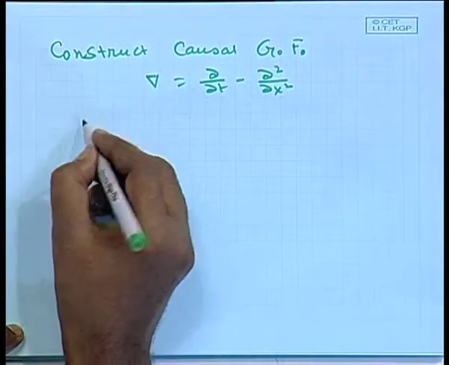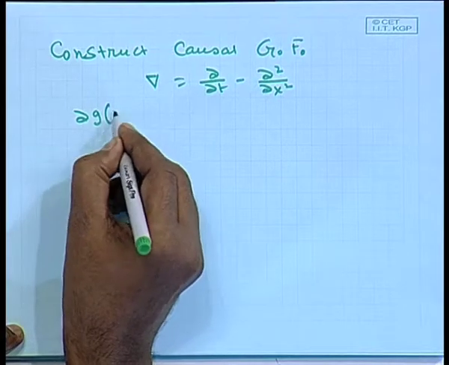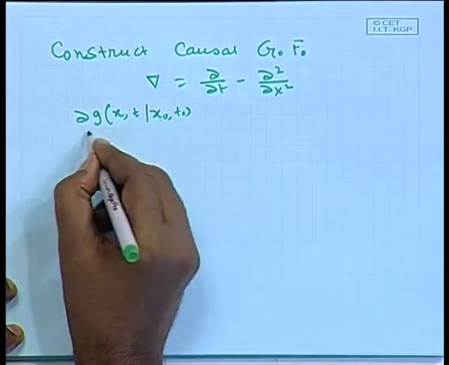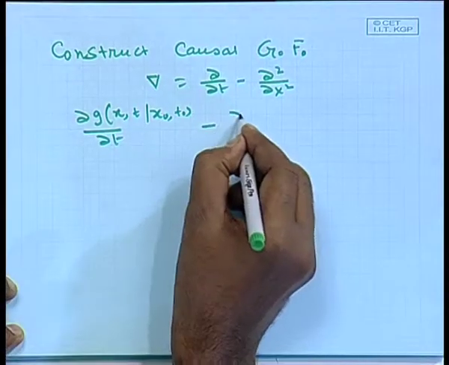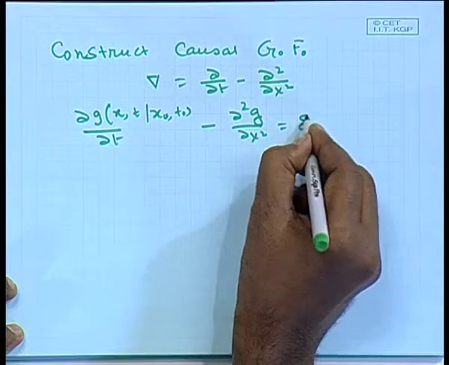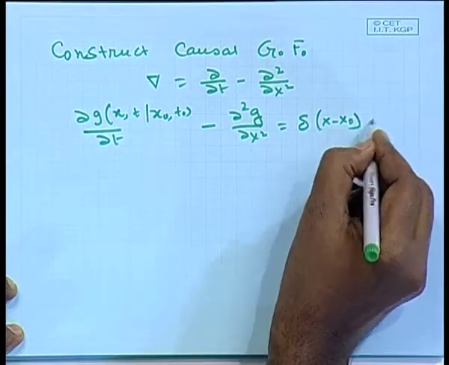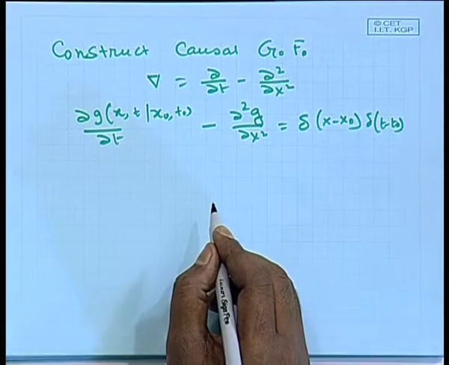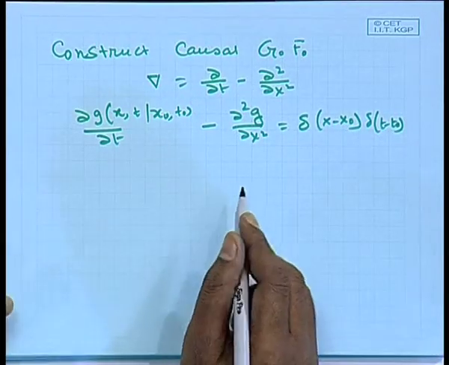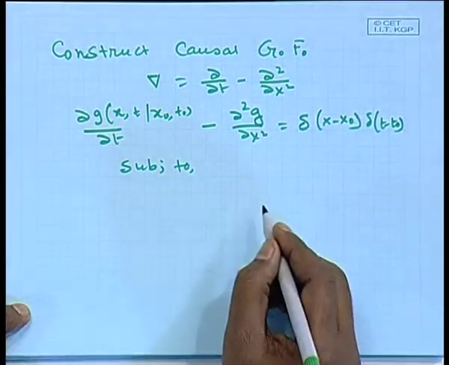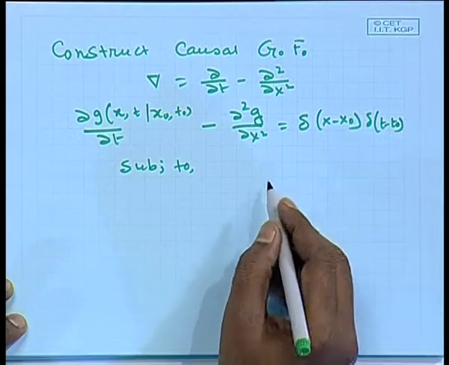So, causal Green's function will be del g of x, t, x naught, t naught over del t minus del square g over del x square is equal to delta of x minus x naught times delta of t minus t naught. That will be the governing equation of causal Green's function subject to all homogeneous boundary and initial conditions.